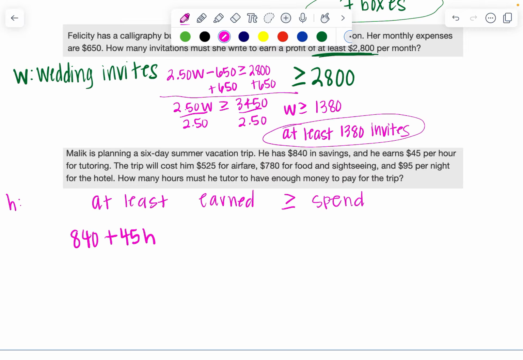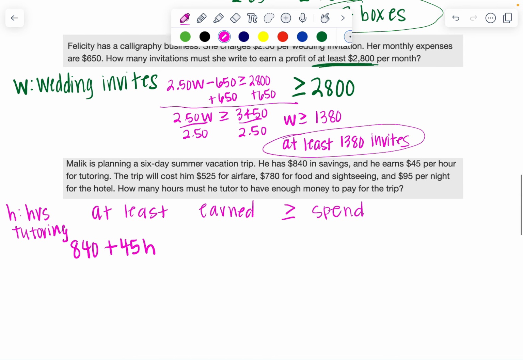I should say that H is the hours that he's going to be tutoring. That has to be bigger than or equal to what he's going to spend. And they say he's going to spend $525 for airfare, $780 for food, and $95 per night for 6 nights.